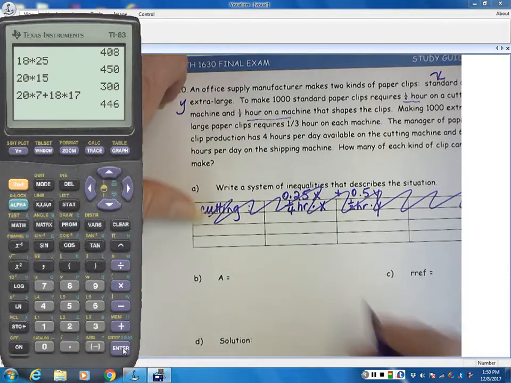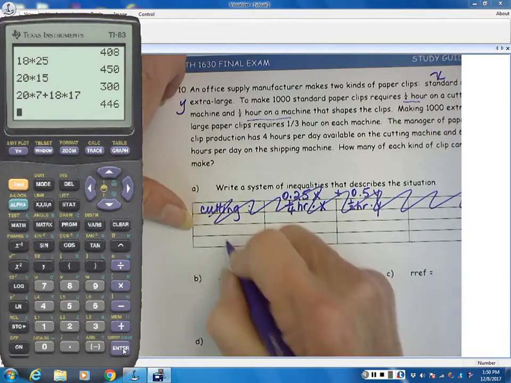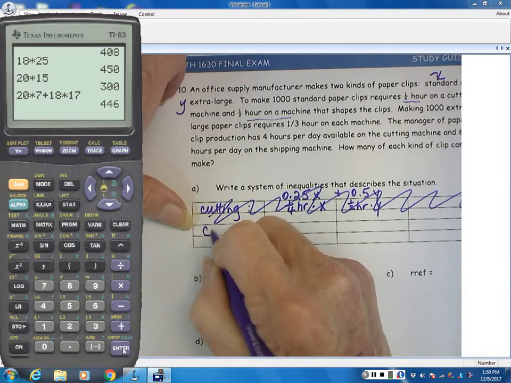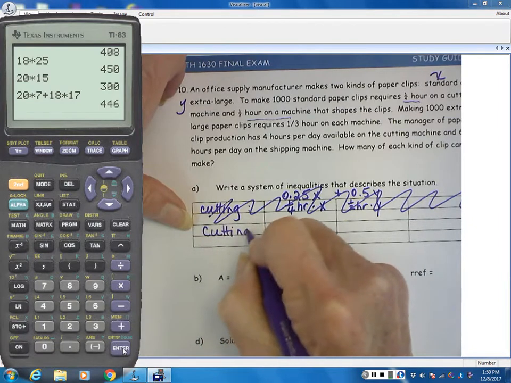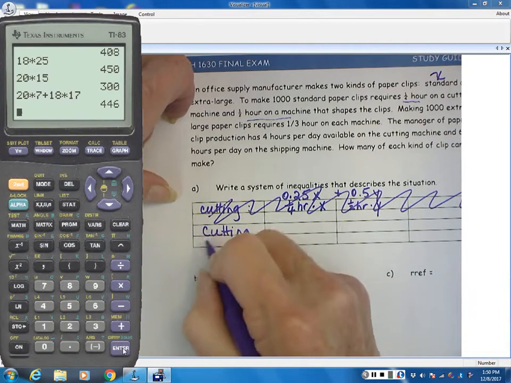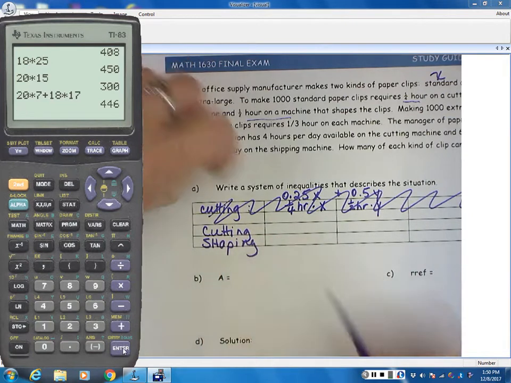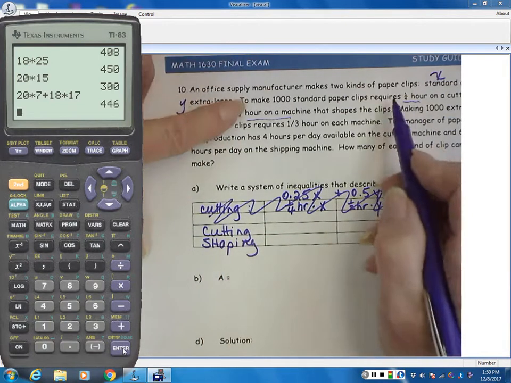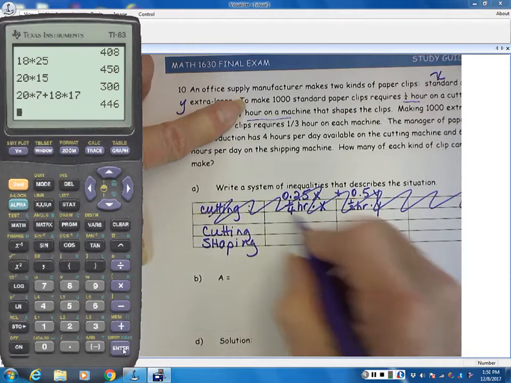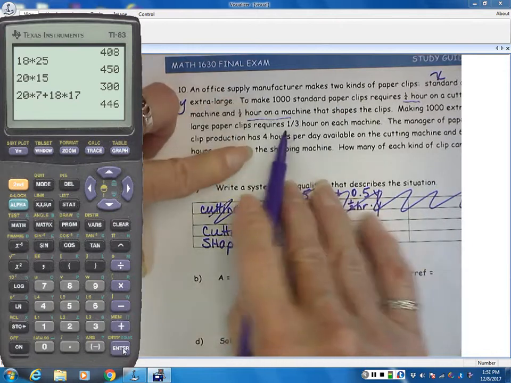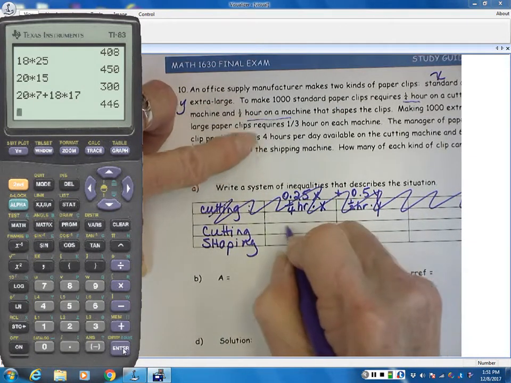Okay, we have cutting machines, and we're going to have shaping machines. So the standard ones, which is the X, takes a quarter, and realizing now that I've got a third of an hour, I think we're going to have to stick with fractions here.